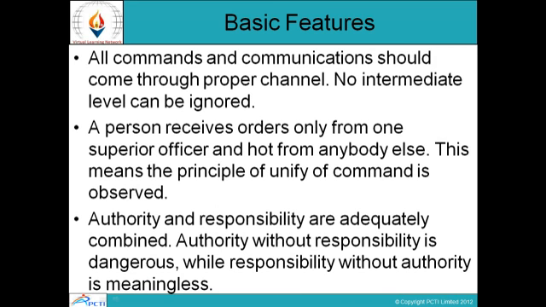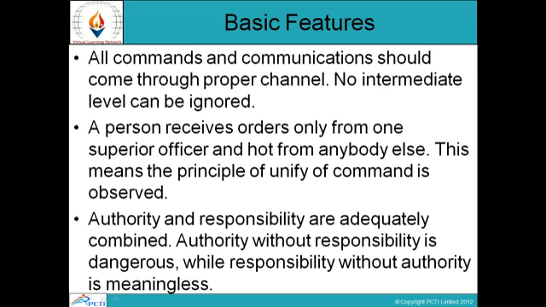Whatever order is passed on, whatever communication flows in the organization, no level is left out. All levels must be informed about what is exactly going on in the organization, what the major tasks to be performed are, and what the major things to be known are. A person receives orders only from one superior officer and not from anybody else.